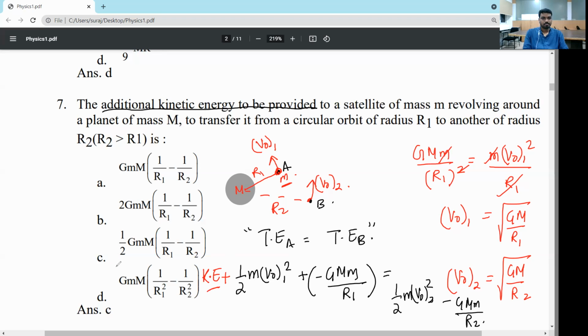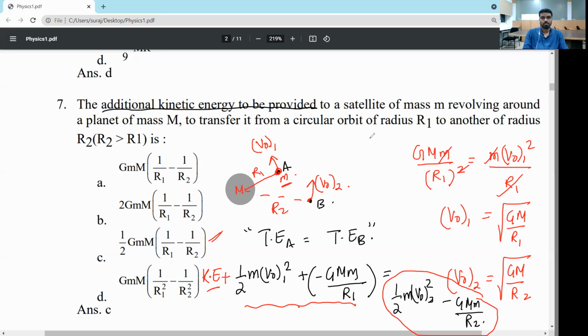Answer will be C. This one, half GMm into 1 by r1 minus 1 by r2. This whole thing is to subtract. Take this towards the right and subtract. Half m will be common. What is v02 whole square? GM by r2, na? This is GM by r1, minus. GM will be common.